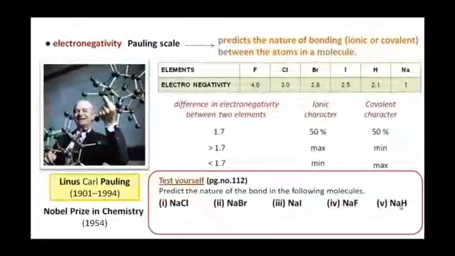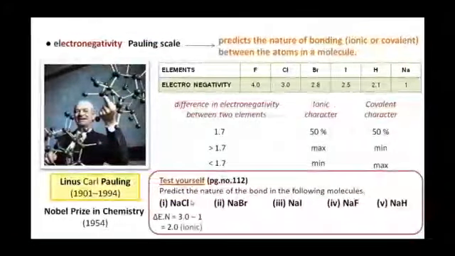Let's understand this with few examples. First, let's predict the nature of the bond in sodium chloride. We have the value of sodium and chlorine in the above table. So, the value of sodium is 1 and the value of chlorine is 3.0. Electronegativity difference is the value of anion minus the value of cation.